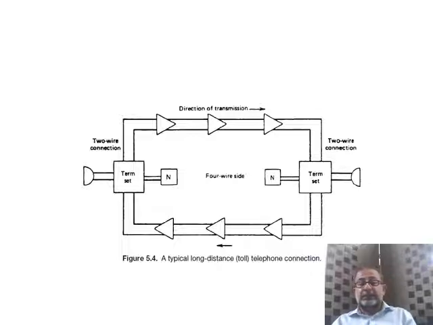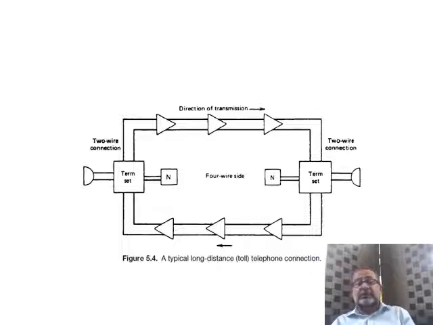In this example, figure 5.4, a typical long distance or toll telephone connection is shown. There are terminal sets on both the sides. Terminal sets are basically hybrid transformers, which have four pairs of outlets each. The right side and the left side are basically the same, but let's consider the right side.